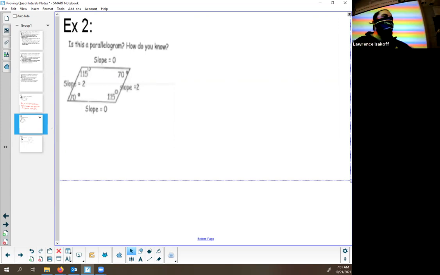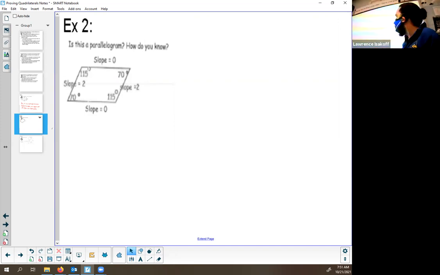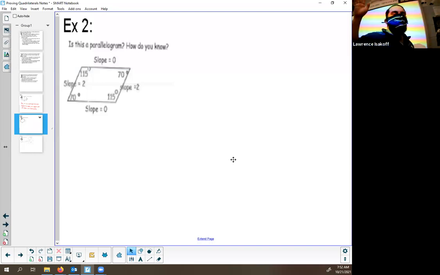Does this shape look like a parallelogram? Yeah, I'd say so. Let's see what evidence we have. What do you guys notice inside this shape? What can we conclude right now with what's being stated on it?